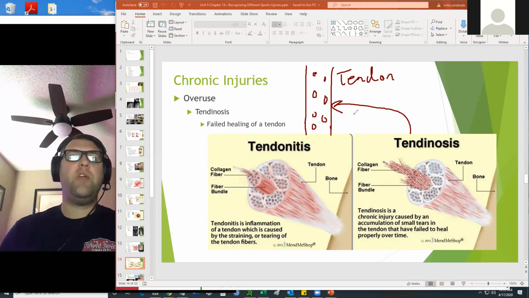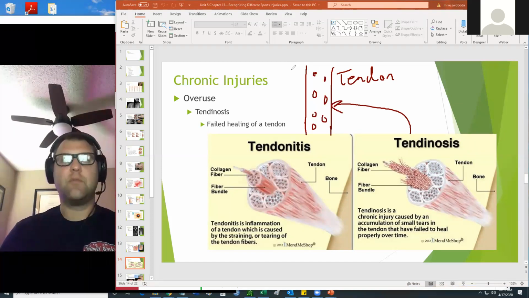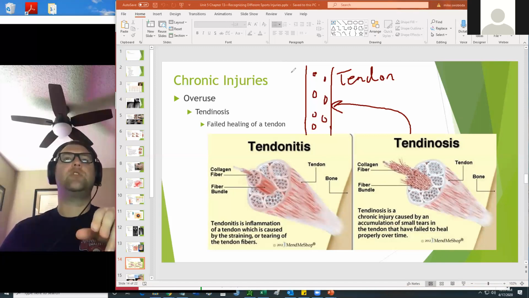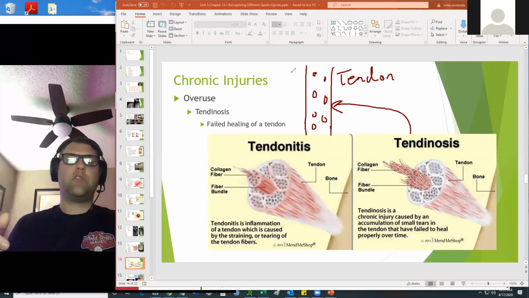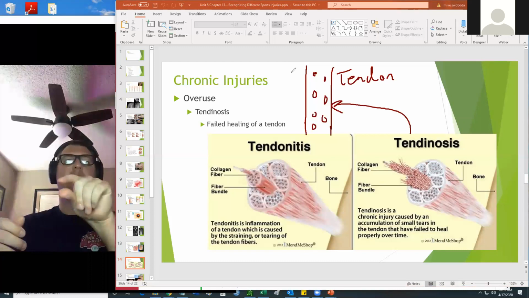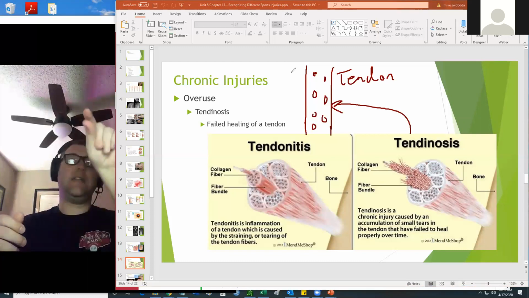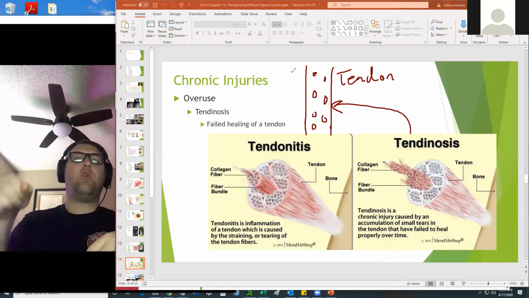The problem with that is now I lose a lot of the strength and integrity of the tendon itself. Imagine you take a piece of loose-leaf paper and rip out certain sections that hold it to the binding of your notebook, and then you try to hold on to that piece of paper.